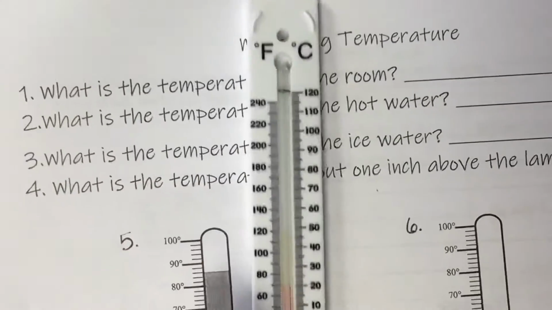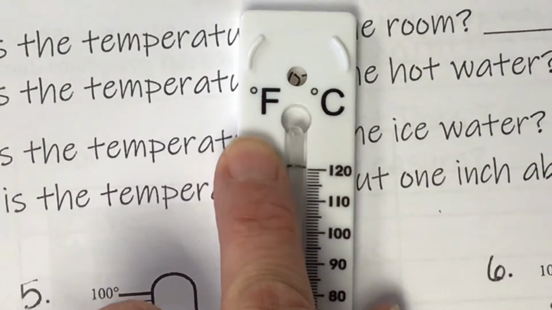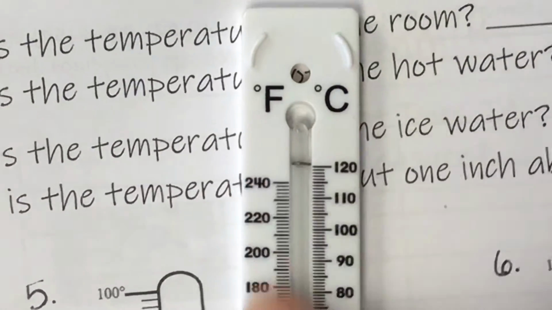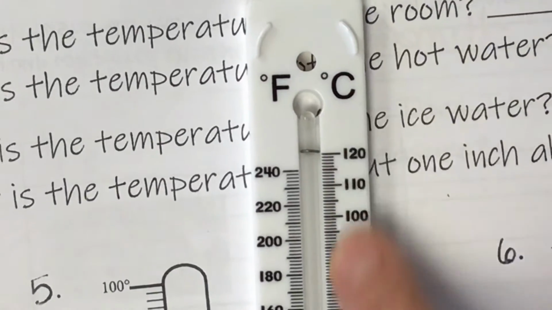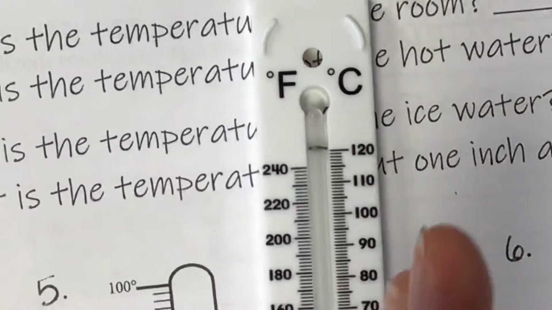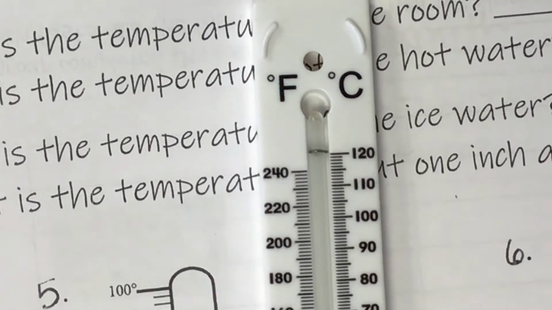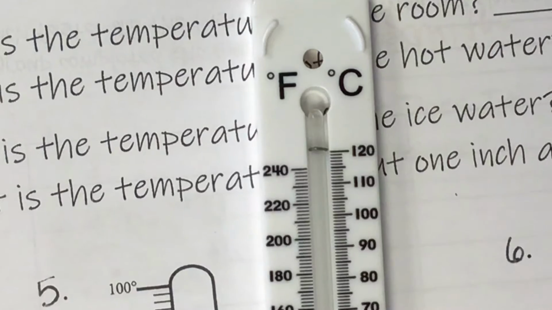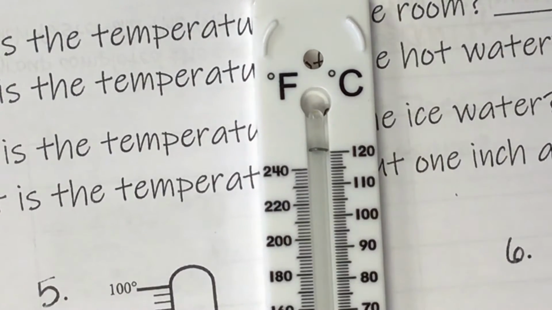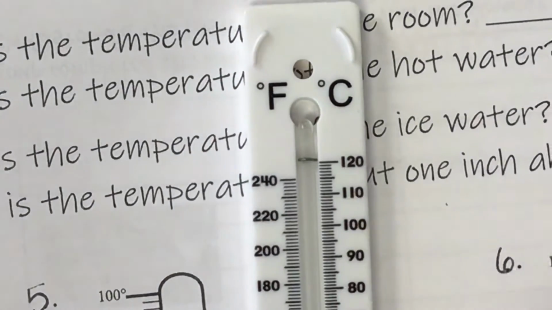But if you look at this thermometer, you will notice a couple of things. Number 1, on the left is degrees Fahrenheit, and on the right is degrees Celsius. Which one are we going to use, the left or the right? Penelope. Right, we're measuring in metrics, which will be degrees Celsius.